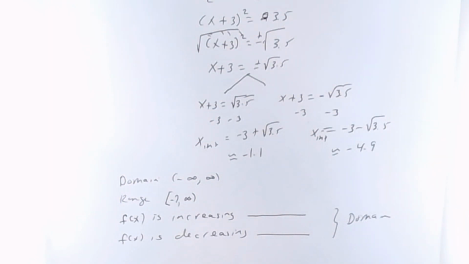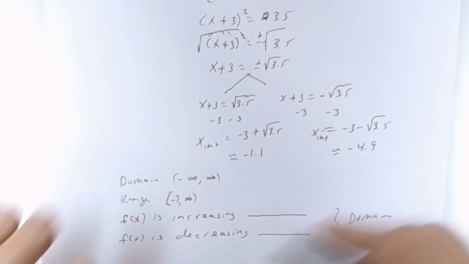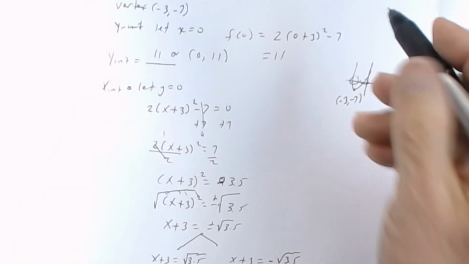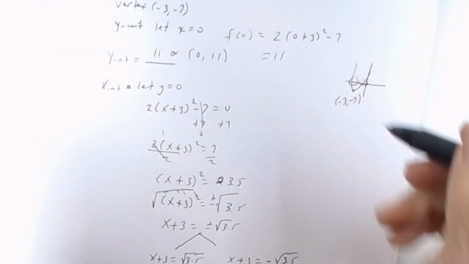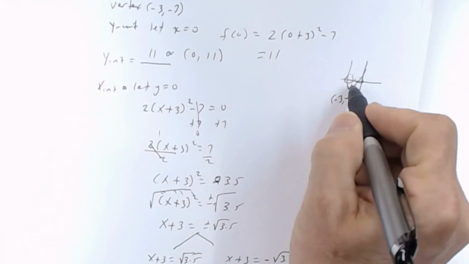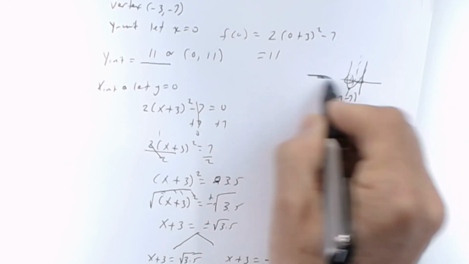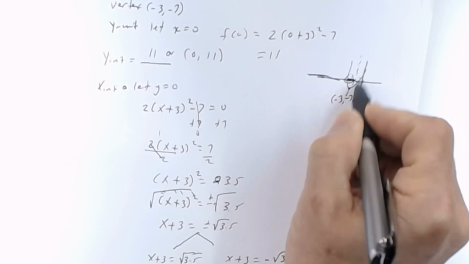What values of x is my y value? Remember, f of x means what letter? Y. So where's y increasing? For what values of x is y increasing? So without sketching a graph, you could have looked at a rough sketch of it, and this is my axis of symmetry. So from -infinity to this x value right here, what's that x value right here?